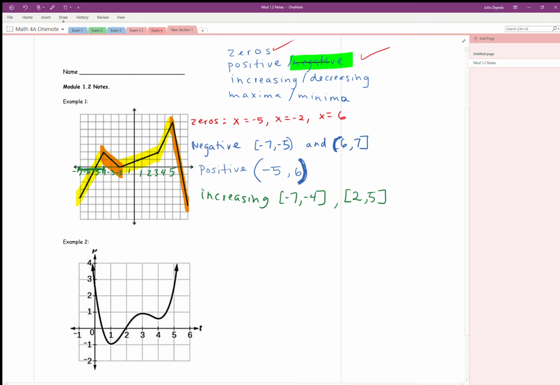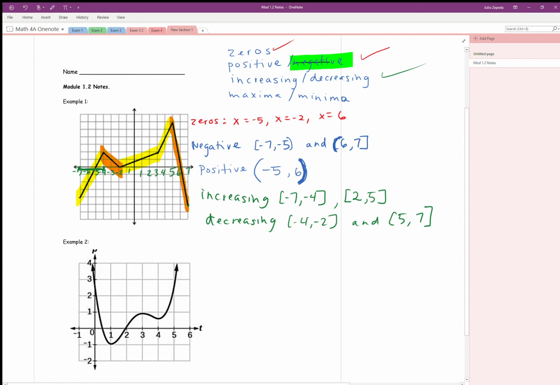Okay, so then we would say that it's decreasing right here from -4 all the way until -2, and from 5 all the way till, let's see, 6, 7 is where it stops decreasing. So from 5 to 7. Okay, so that's increasing, decreasing. Increasing, basically, you're looking at all of the intervals where the graph is going up, and decreasing all of the intervals where the graph is going down.